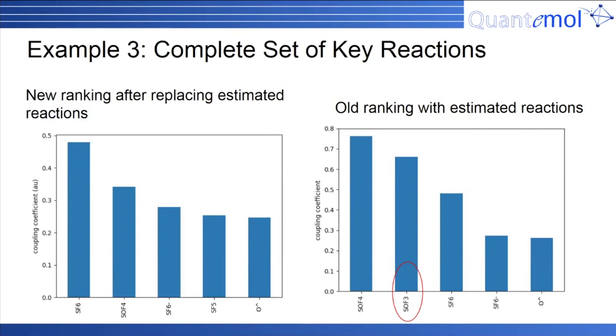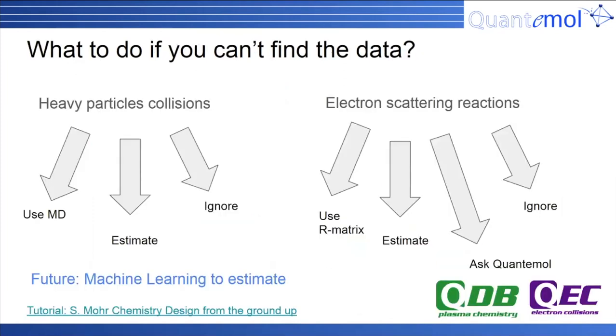Now, as mentioned, you can always come into the position where you need data which you simply cannot find, mostly for some exotic species. And there's some difference between heavy particle collisions and electron scattering reactions. For heavy particle collisions, you are mostly still reliant on estimates.